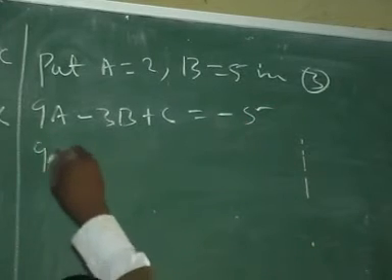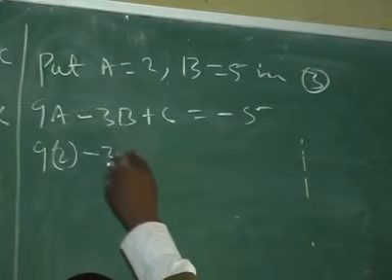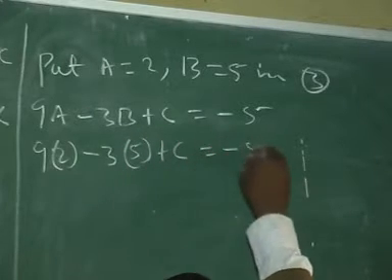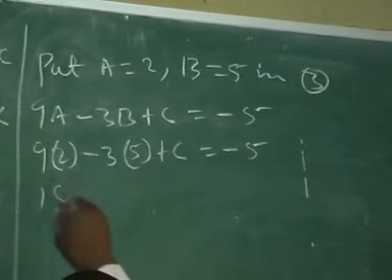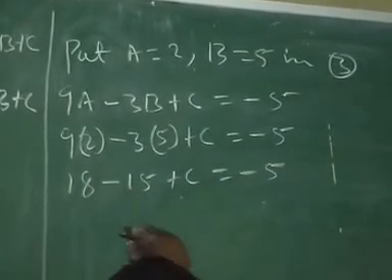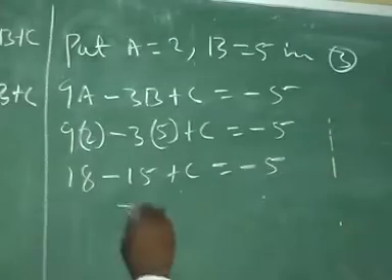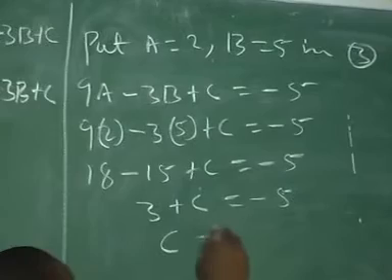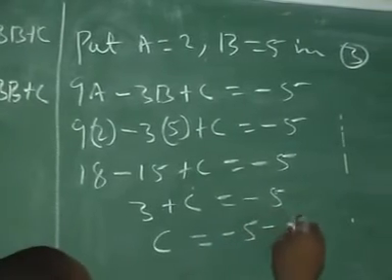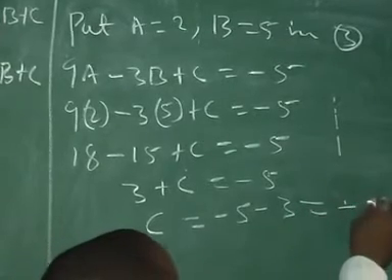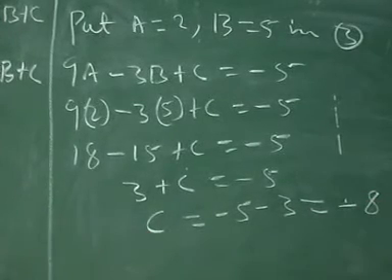So we have 9 times 2 minus 3 times 5 plus c is equal to minus 5, which is 18 minus 15 plus c is equal to minus 5. So we have here 3 plus c is equal to minus 5. So c is equal to minus 5 minus 3, which is equal to minus 8. So c is minus 8.